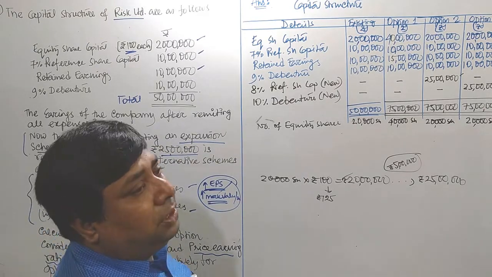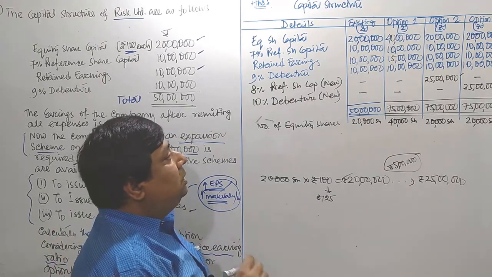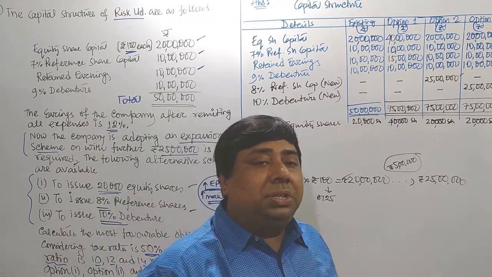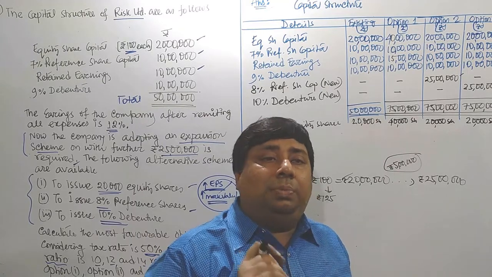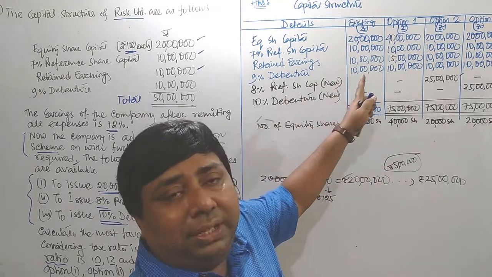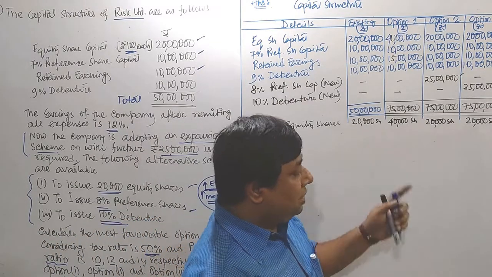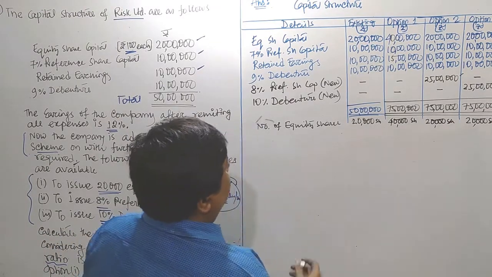You only have to give a note considering that in option 1 the company issues shares with a premium, and the premium amount is adjusted with retained earnings. Well, now our job is to structure, to portray the income statement for the same.